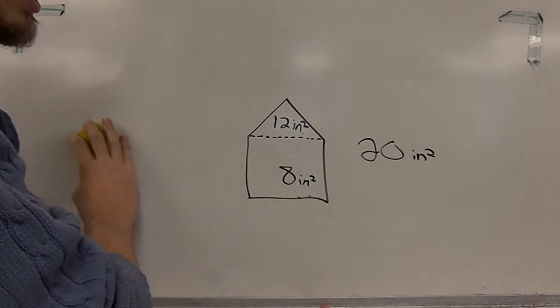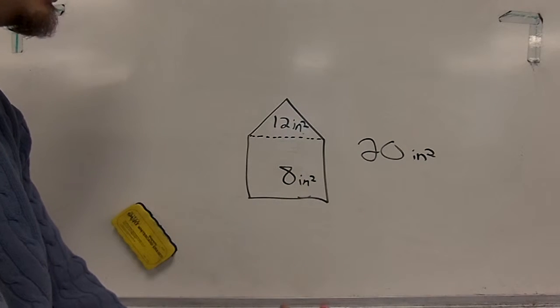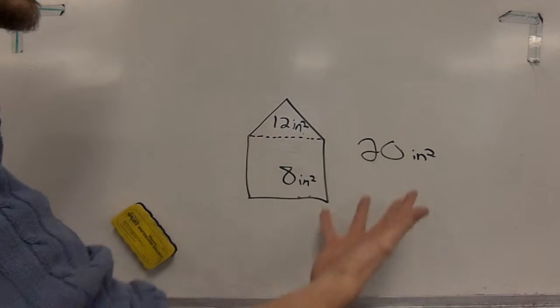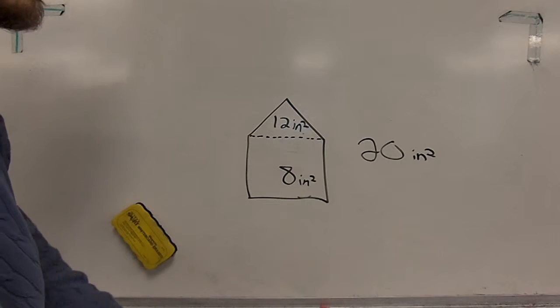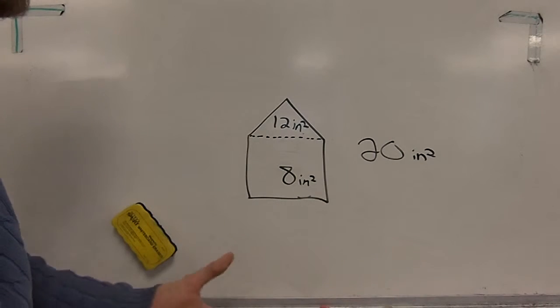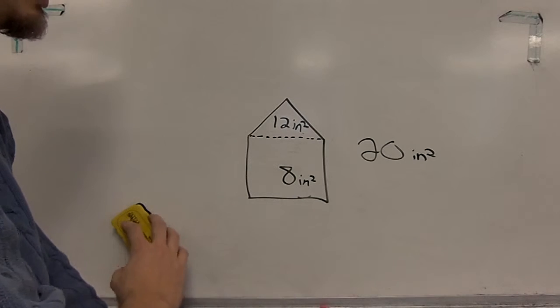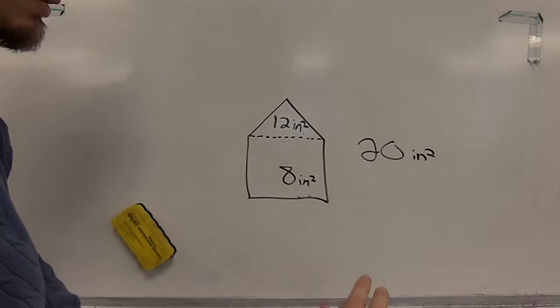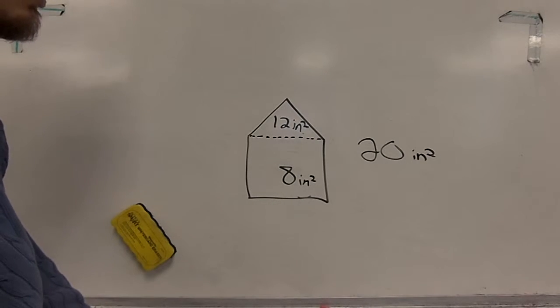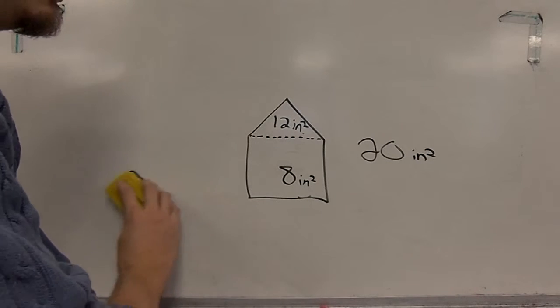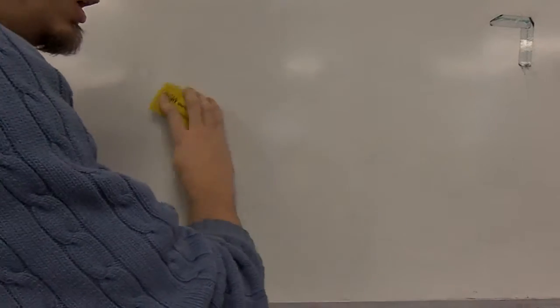I'm not going to do another example because I think this gets the point across. The only other thing you're going to see are just bigger shapes with more shapes inside them. You're going to see primarily parallelograms, rectangles and squares, and triangles, and some trapezoids. You won't really see circles too much.